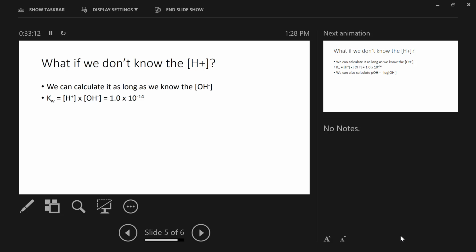But if you're asked to provide the pH and you're given the hydroxide ion concentration, there's another way we can do it. And we do it using pOH. So pOH is equal to the negative logarithm of the hydroxide ion concentration. pH is the negative logarithm of the hydrogen ion concentration.